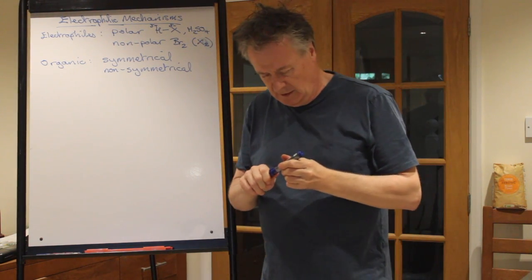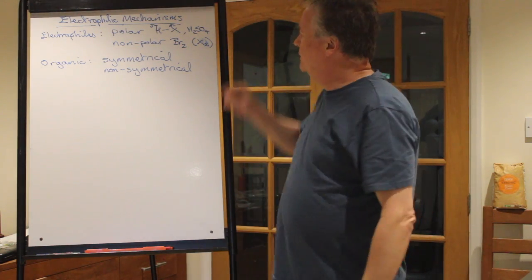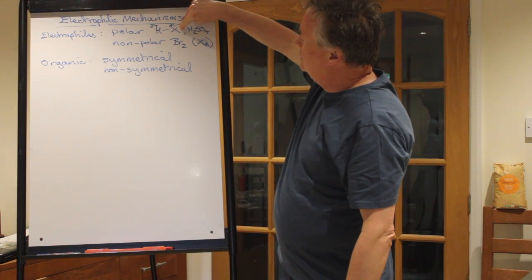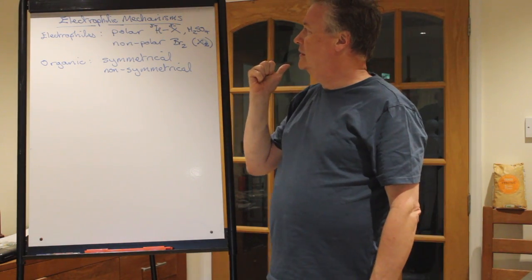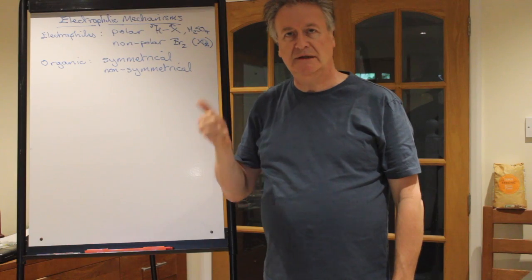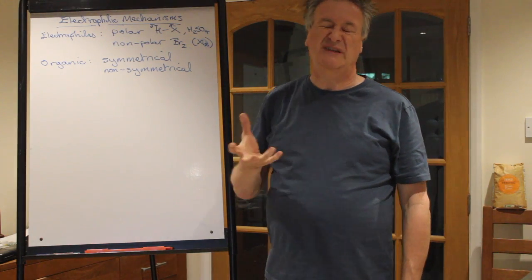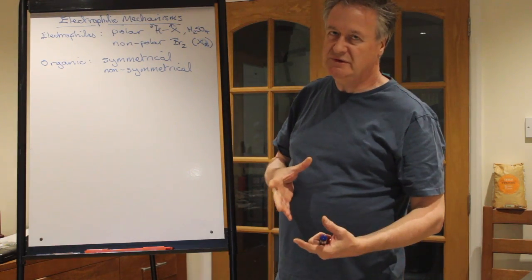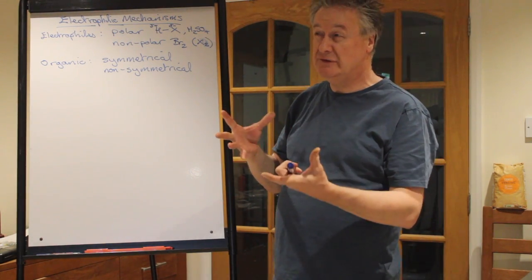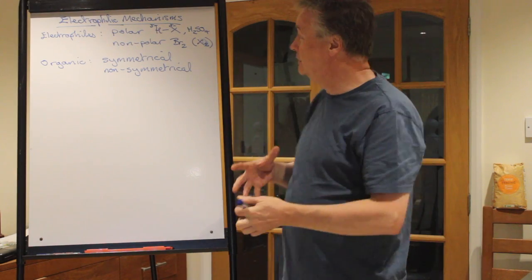People use bromine a lot because it's kind of intermediate. When you look at the hydrogen halides in addition reactions, hydrogen iodide reacts really easily, but it's really hard to make. Hydrogen bromide is much more simple to make, although you can't actually store hydrogen bromide, you have to make it when you want it.